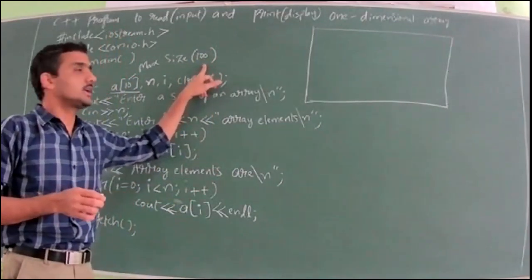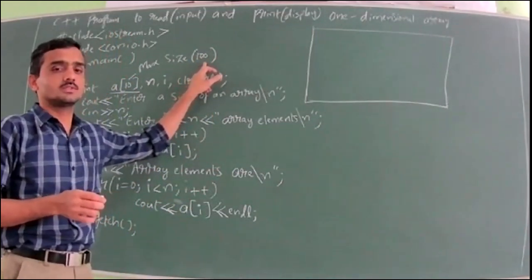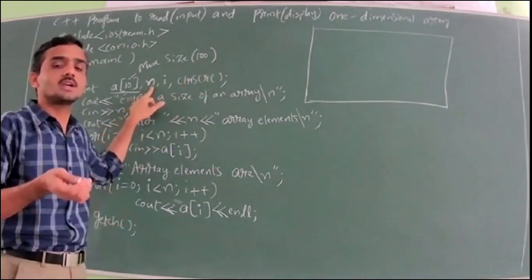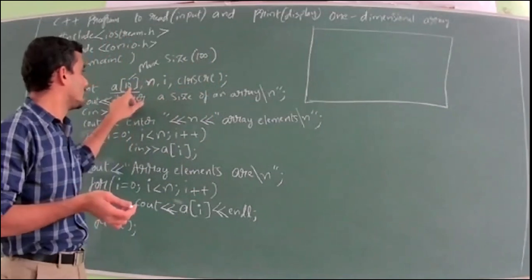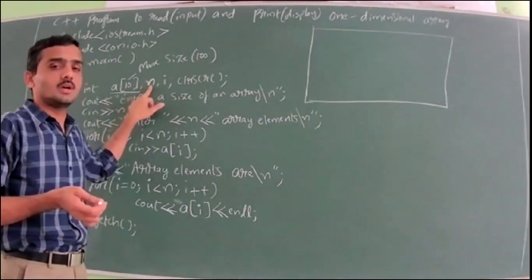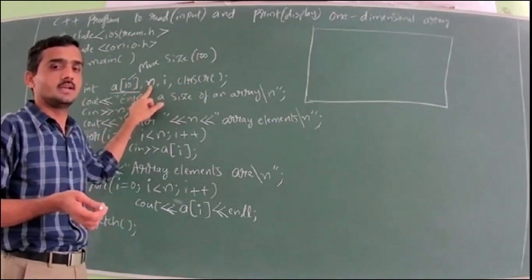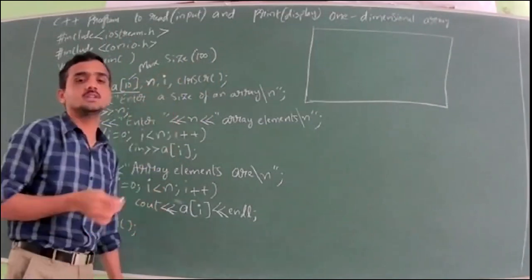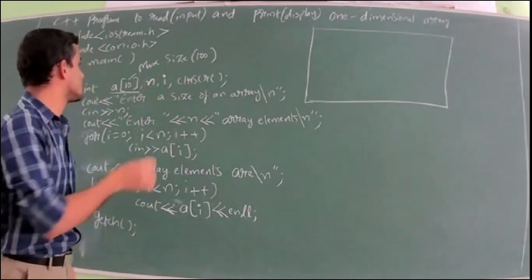He can take only 10 or 15 values. That is the user's wish. So n indicates how many values he can enter, out of 10, either 1 or 2 or 5 or 8. And i indicates the index value, that is the subscript value. So these are the variables.